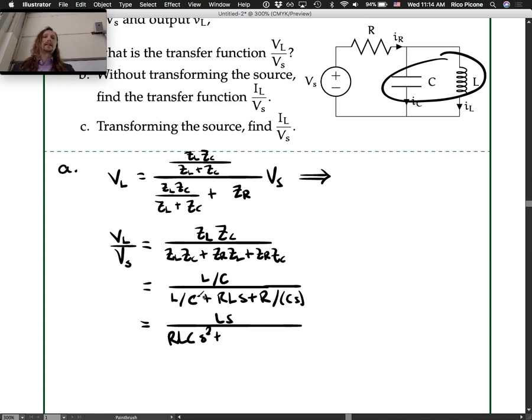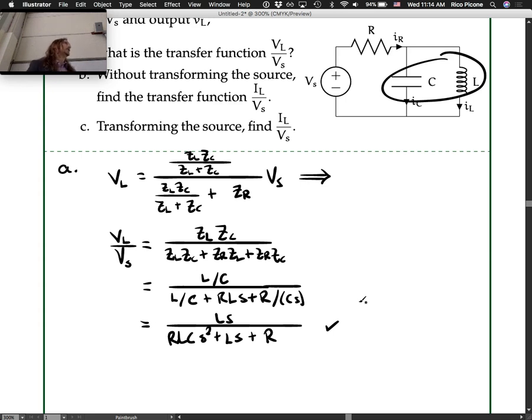This one has the C's cancel without the S, so we have LS remaining, plus, and then this term, the CS and CS cancel, so we're just left with R. And that's pretty simplified, and that is our transfer function.